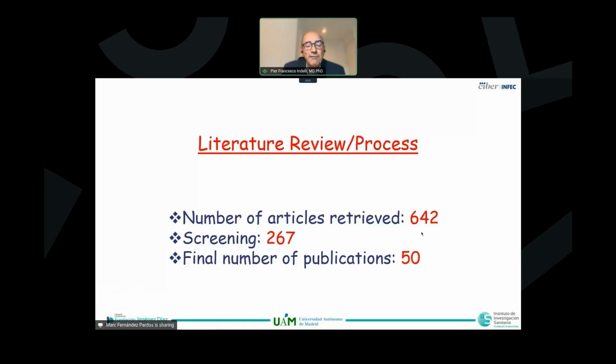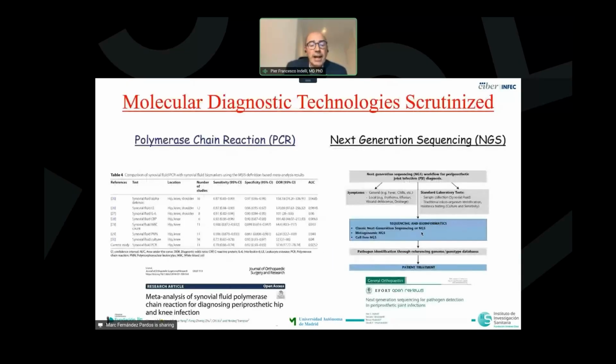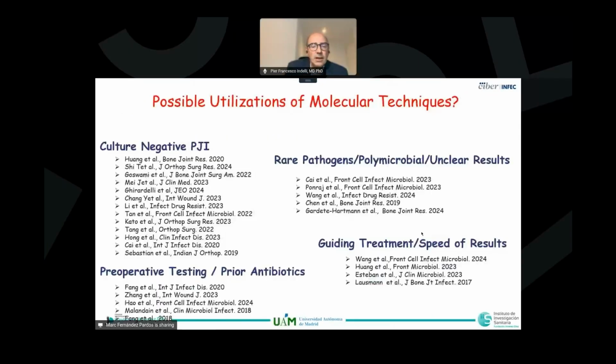We retrieved 642 articles, screened 267, and the final number of publications analyzed was 50. So again, we scrutinized essentially PCR techniques and next generation sequencing techniques. And so we highlight this possible utilization of molecular techniques.